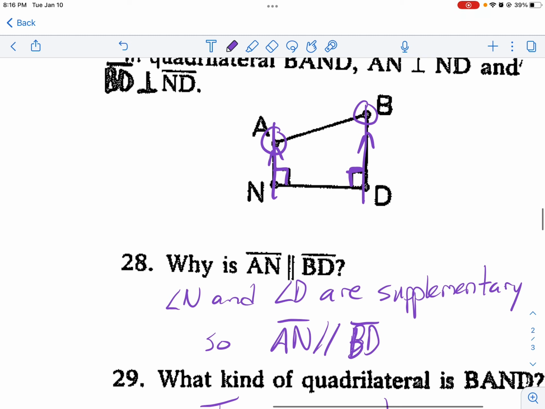And last question, why are A and B supplementary? So we know that they're same side interior angles. We know that AB, which is right here, and BD are parallel.